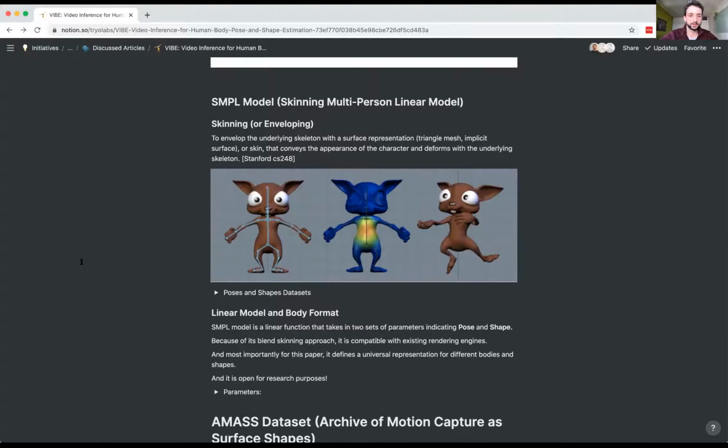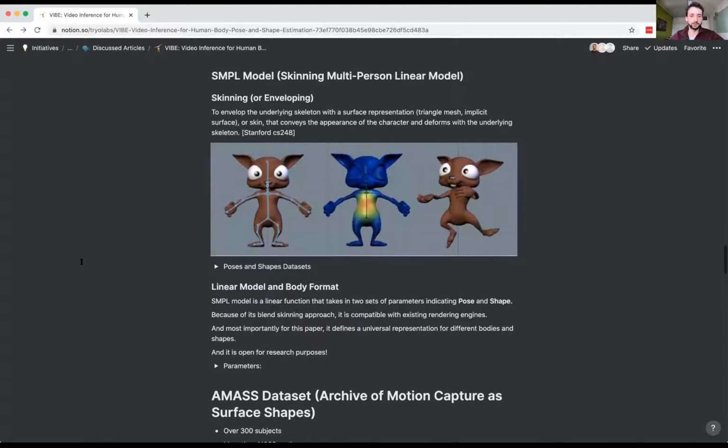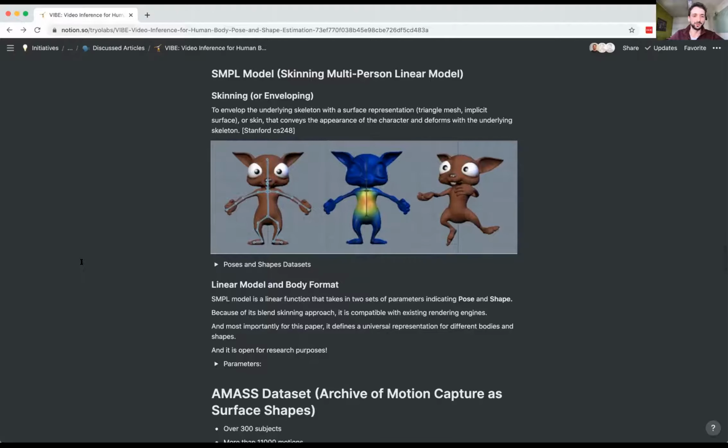The fun thing about the SMPL model is that it uses a skinning method, which sounds really weird, and that's a theme all over this paper. But the good thing is that they envelop an underlying skeleton with a surface, in this case triangle meshes. And this mesh deforms with the skeleton beneath it.